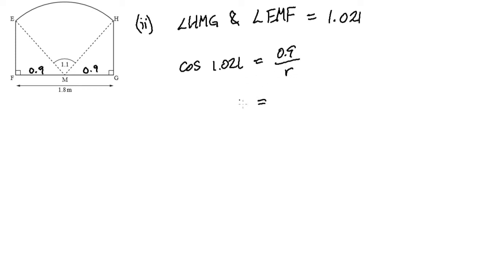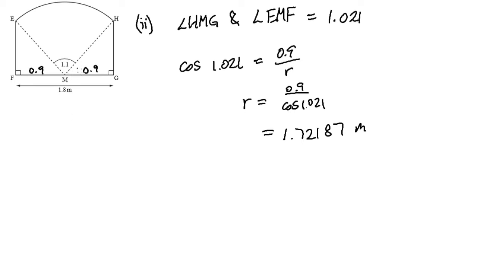I just put it R, so R is 0.9 divided by cosine of 1.021, and cosine of this angle is just 0.522, so 0.9 divided by that will give you R is 1.72187. This is in meters again.